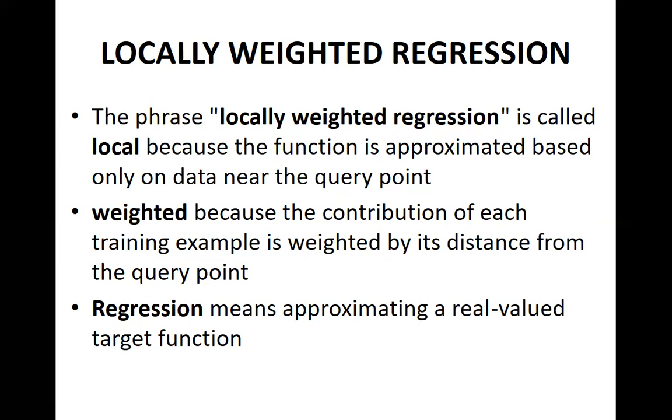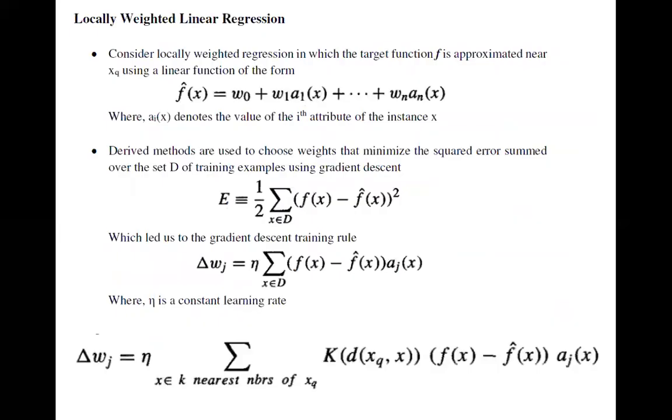We assign the weights based on the distance of the query point to the other nearest neighbors. Regression means approximating a real value target function. Discrete value means two, three or four classes; otherwise it is real valued or continuous value. We are going to do the approximation of a real value target function. This is how we do the approximation in the case of locally weighted linear regression.